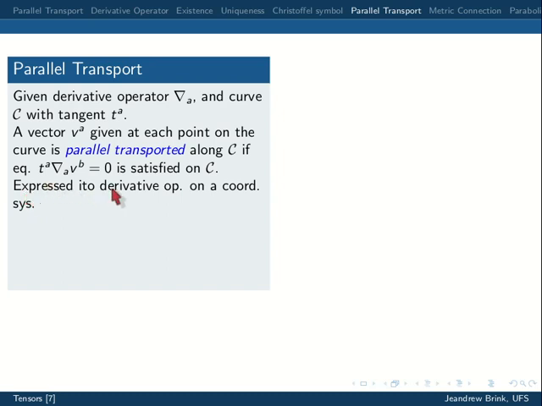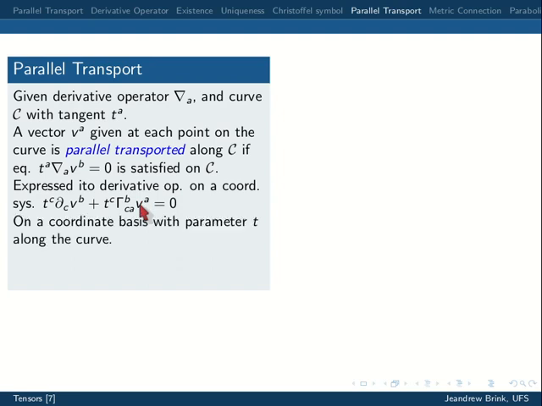To express this in terms of a coordinate system, we're simply going to write this down. So it becomes T^C times the normal derivative operator applied to V^B, plus, I'm just writing out the definition of this gradient, plus T^C times the Christoffel symbols Gamma^B_CA V^A.